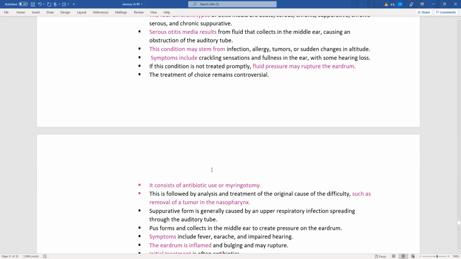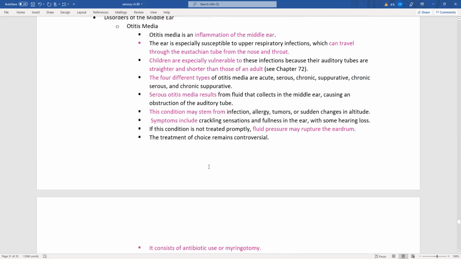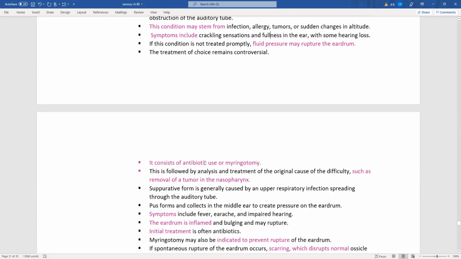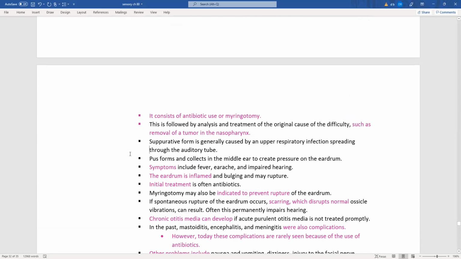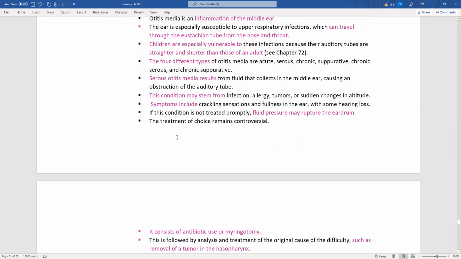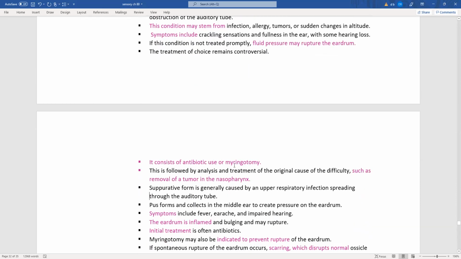The treatment of choice remains controversial. It consists of antibiotic use or myringotomy.